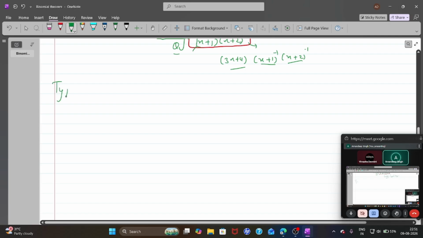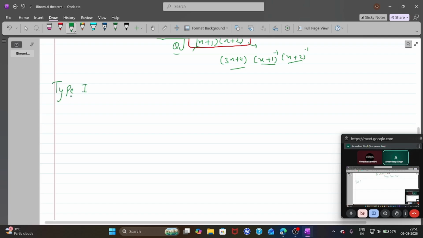Okay. So now the types of partial fraction. We basically have three types of partial fraction. I will not care about the numerator first of all, right? The only concern in partial fraction is the denominator. Whatever the type we have, only the denominator would change. The numerator is not a concern for me. I'll explain how.